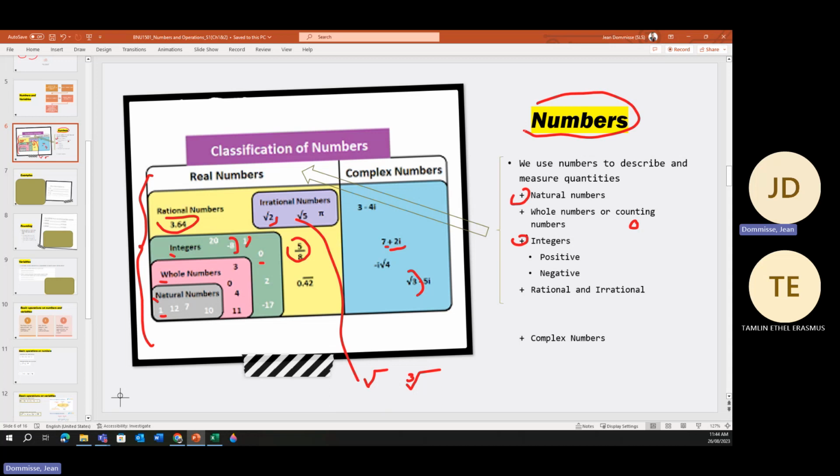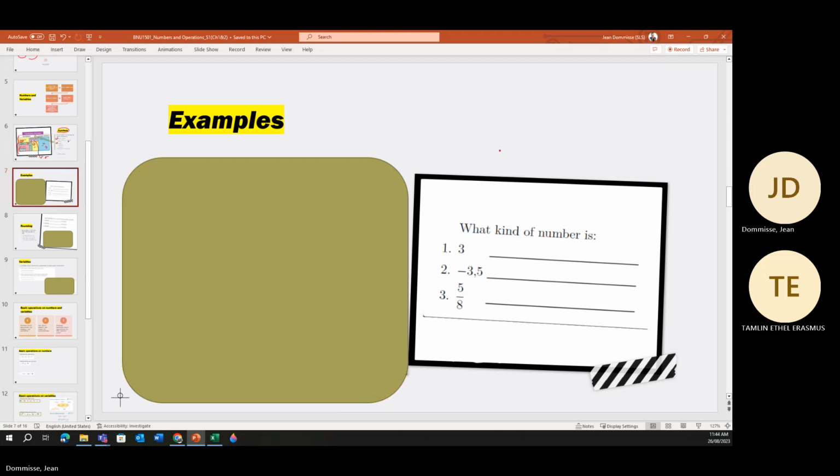What they can do in your assignments and in the exam is give you a list of numbers, and they ask you which one is rational, which one is irrational, and things like that. So I quickly went into a few of these that we need to identify.